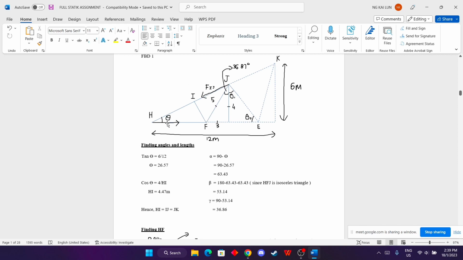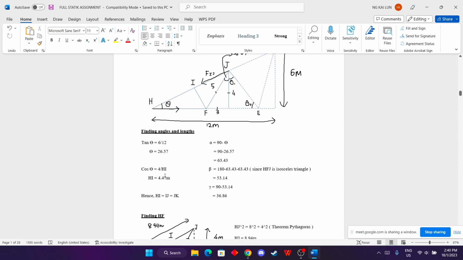We have tangent theta equals 6 divided by 12, the opposite divided by the adjacent. You will get theta equals 26.57 degrees. And then from here you can find the length of HI, which is 4.47 if you use the sin, cos, tangent formula.